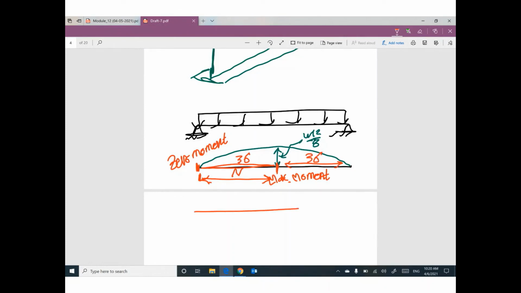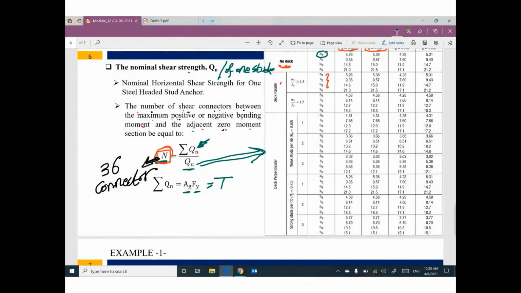So the total number of connectors along the beam will be 72 connectors. So guys, please, N is not the total number of shear connectors required, but the number of shear connectors required between the maximum positive moment and zero moment.